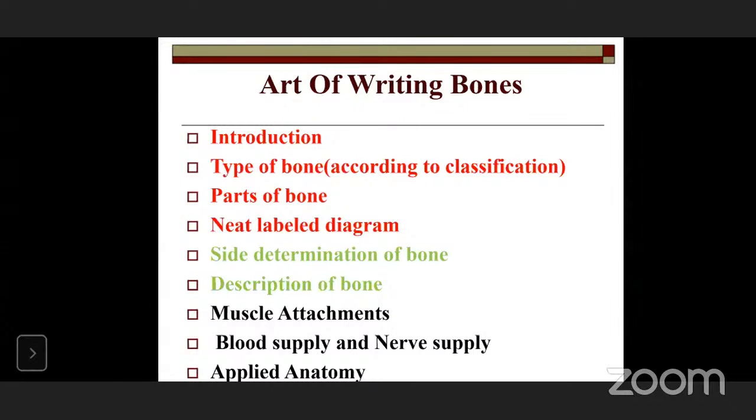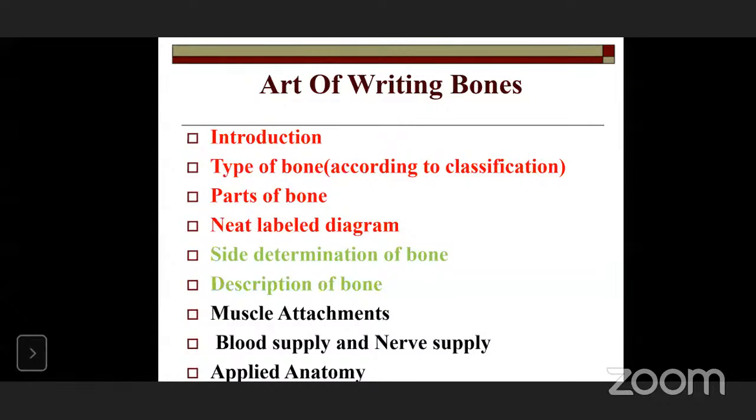Because if you don't know the anatomy of the clavicle, how will you identify it in the clinical setting? If you don't know how it is situated, where it is situated, and what the normal structure of the clavicle is, how will you identify the abnormal? Before starting with the abnormal, you should first know the normal.